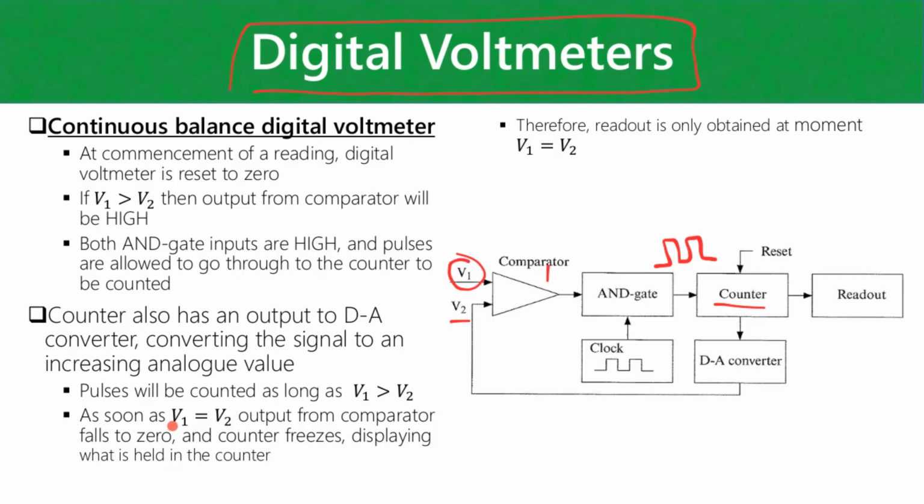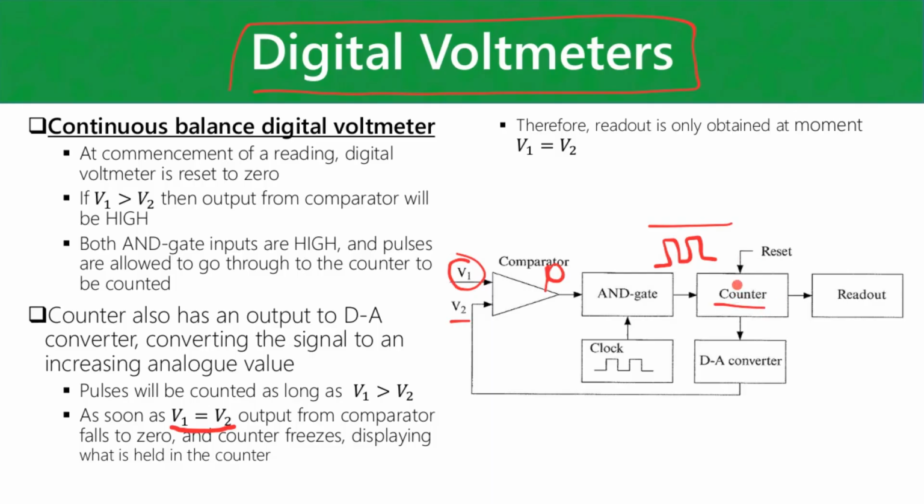The counter will continue doing its thing until V1 and V2 are equal to one another, at which point the comparator is going to output 0. Now the AND gate is not going to send out any signal. And that is pretty much the value that you're going to get for your voltage.